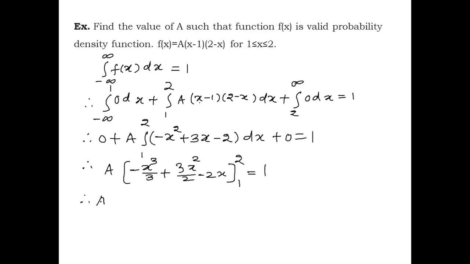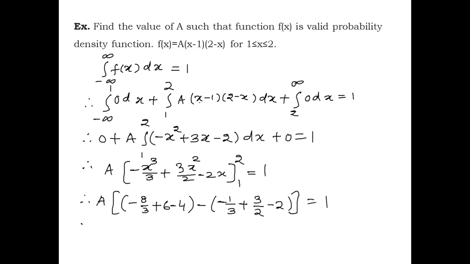Just to simplify this here, and that can be done. Minus 8 by 3 plus 6 minus 4, minus 1 by 3 plus 3 by 2 minus 2. This is equal to 1. Just go on simplifying.